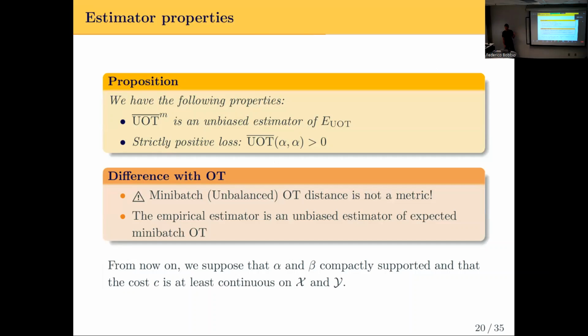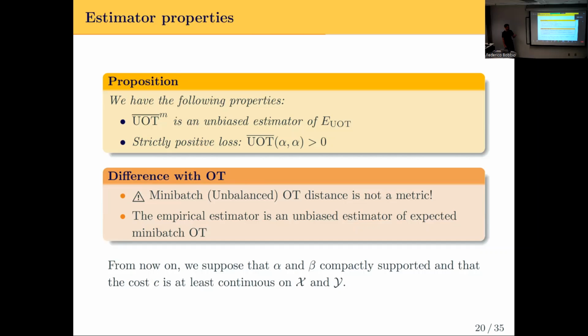So this is the first point, and the second point is that it is strictly positive for non-trivial probability distributions. So if I suppose that I have 2 probability distributions which are not of mass 0 or not 1 Dirac, well then the unbalanced optimal transport cost for this will not be equal to 0 when I consider the same distribution. So I lose the metric properties.